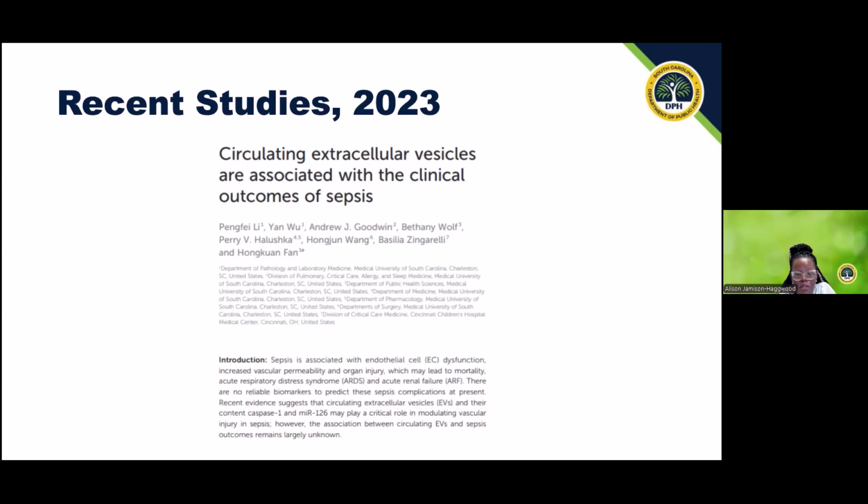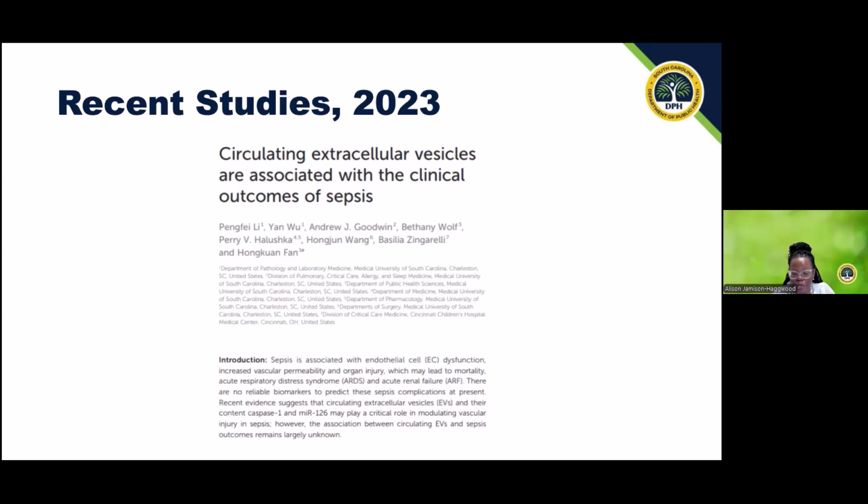And so this EV technology already exists. It's a simple blood test known as a liquid biopsy. It could be used to collect and analyze EVs and the changes that occur in their contents in a patient with sepsis.